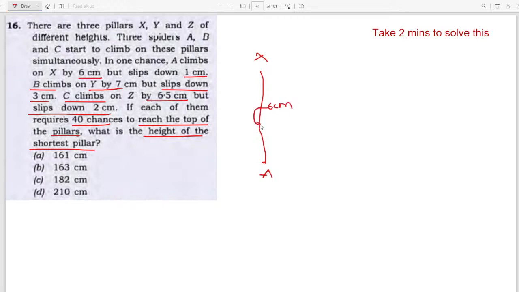So this length is 1 centimeter and this is 5 centimeters from the bottom. So effectively, it is climbing 5 centimeters here.